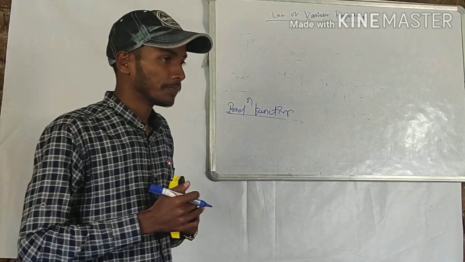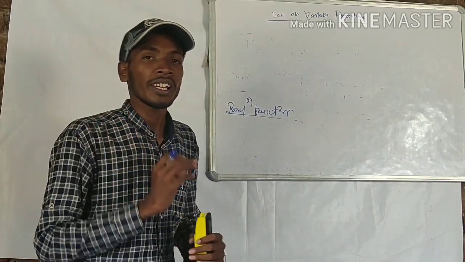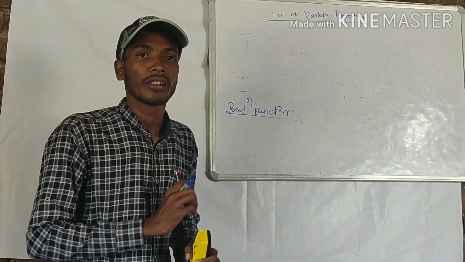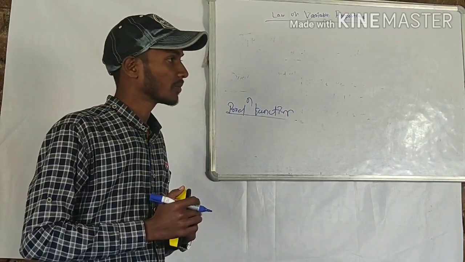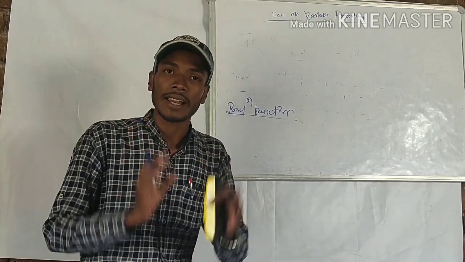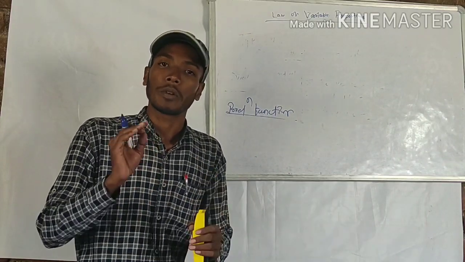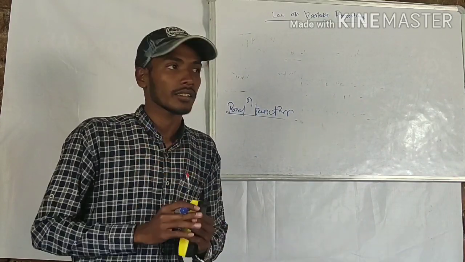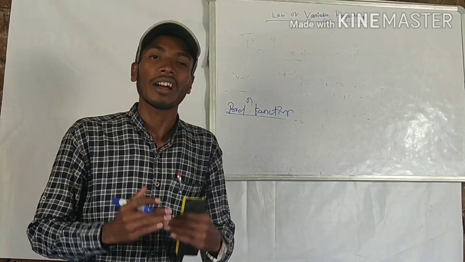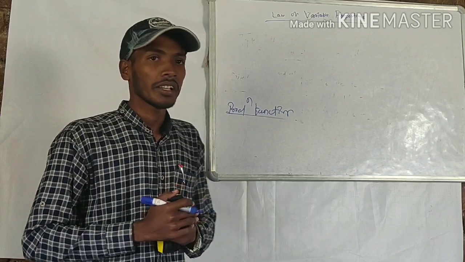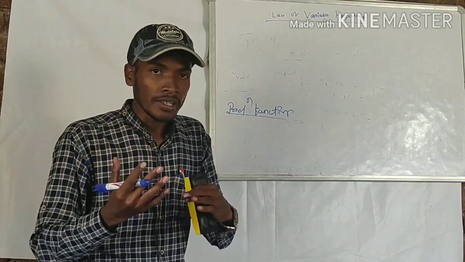Production function is a purely technical relation between factor inputs and outputs, and hence it describes the law of production, that is, the transformation from factor inputs into outputs. I will say it again.